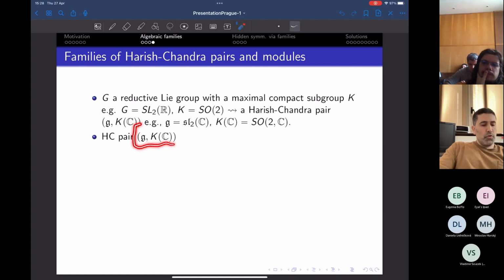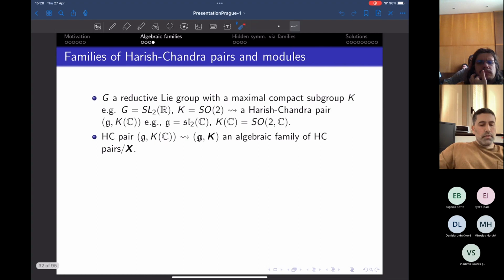So first of all, before explaining more on Harish-Chandra modules, let's just summarize. A Harish-Chandra pair is a pair consisting of a complex Lie algebra and a complex algebraic group K, or K of C. And I already explained what is a family of complex Lie algebras and what is a family of complex algebraic groups.